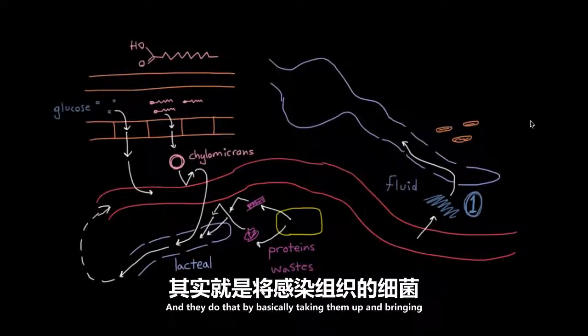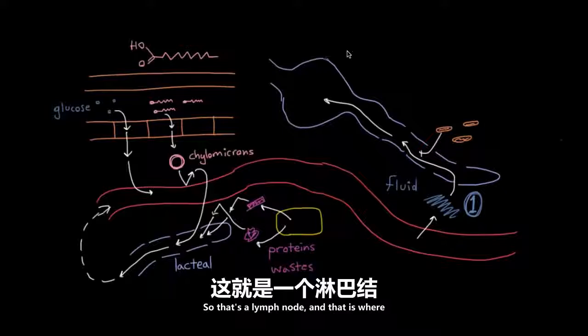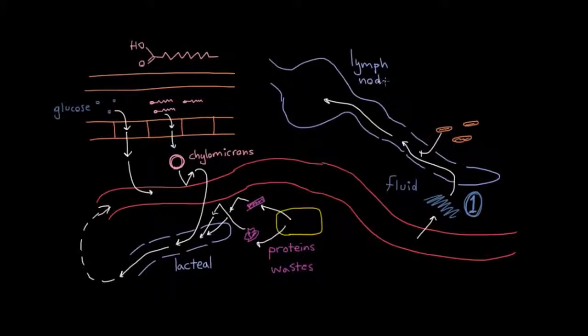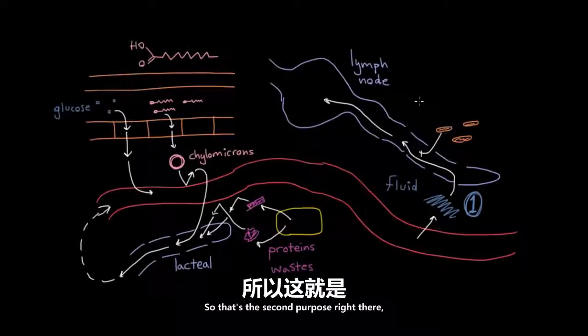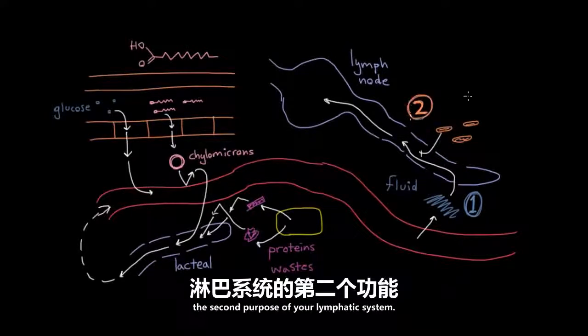And they do that by basically taking them up and bringing them to the nearest lymph node. So that's a lymph node, and that is where your B cells and T cells are hanging out. So that's the second purpose right there, the second purpose of your lymphatic system.